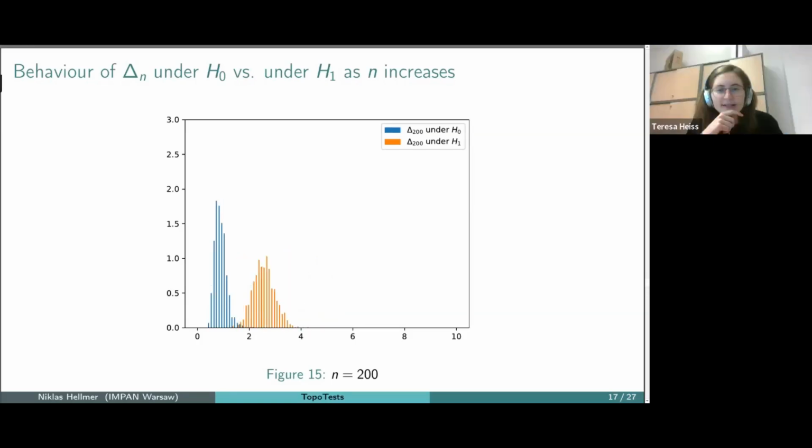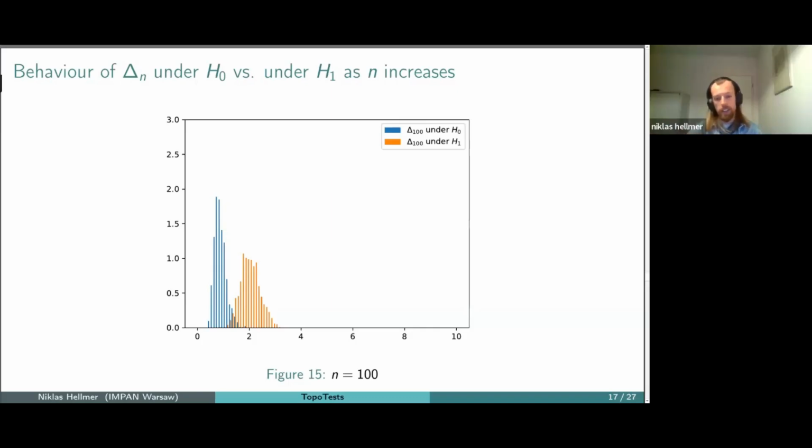Can I maybe ask a question here? What do you mean when you say under the assumption of H1? Because wasn't H1 just the assumption that they're not equally distributed? That still leaves lots of options for how they would be distributed, right? Yes. So of course I made some choice hidden in the background.